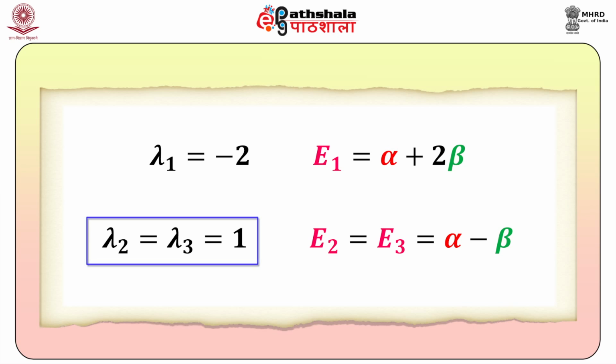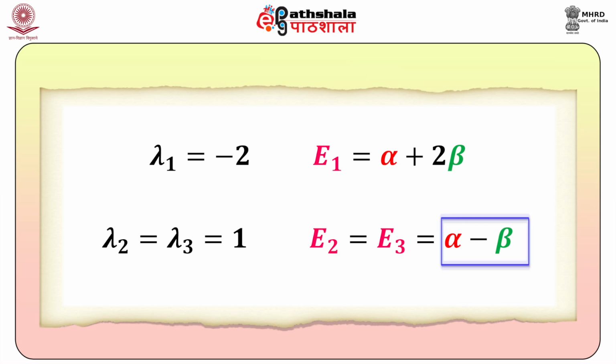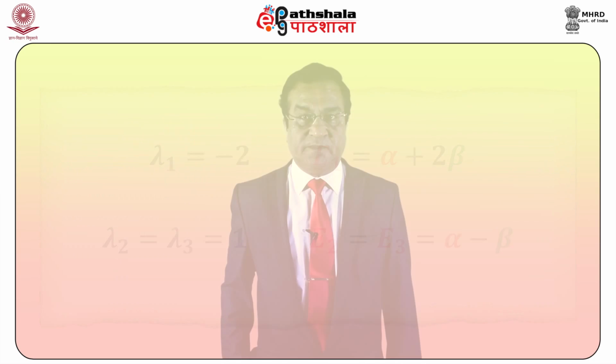And for lambda 2 and lambda 3, each being equal to 1, the corresponding molecular orbital energy is alpha minus beta. So we now have 3 molecular orbitals, one of energy alpha plus 2 beta, and 2 molecular orbitals, each of energy alpha minus beta. That means this level is degenerate.